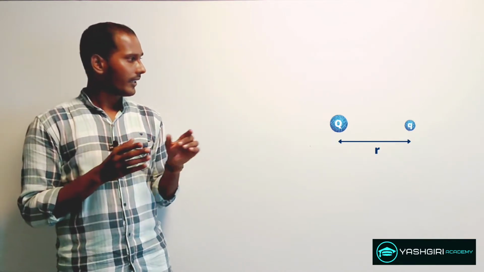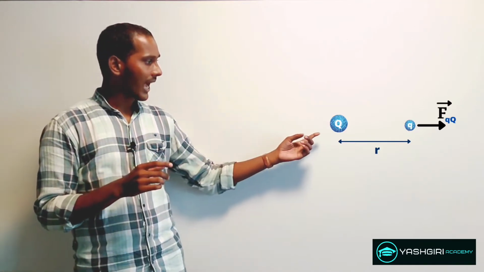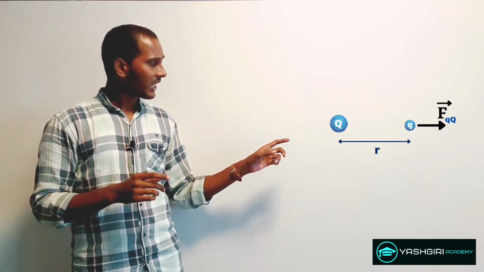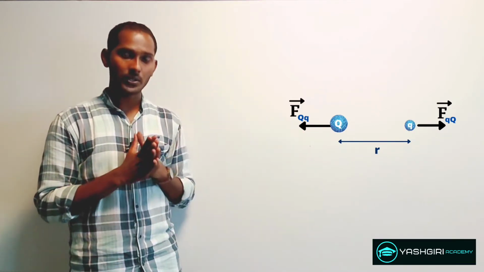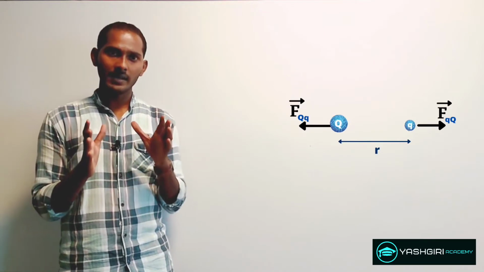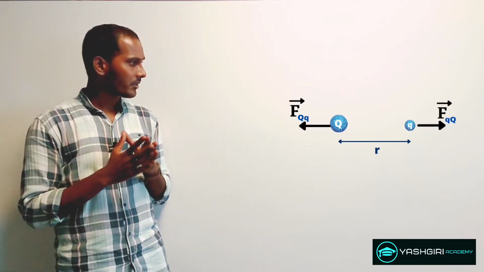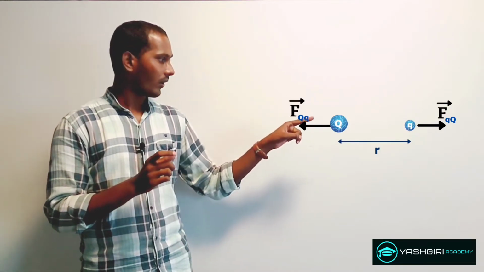That is, a charge small q will experience some force on it due to a charge capital Q, while a charge capital Q will experience some force on it due to a charge small q. Now, to understand the concept of electric field, let me consider any one of the forces that is exerted by one of these charges on the other.